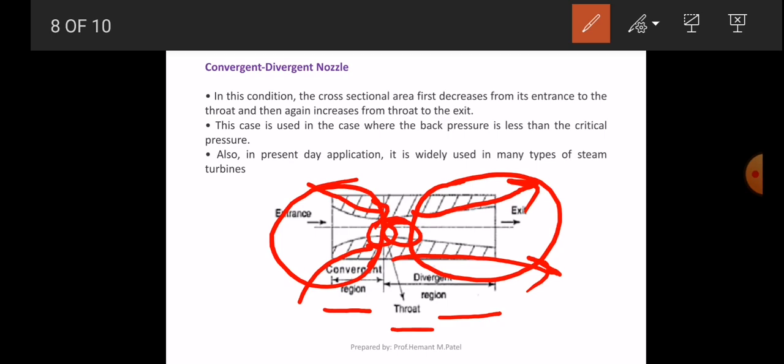This case is used where the back pressure is less than the critical pressure. Also, in present day applications, it is widely used in many types of steam turbine.